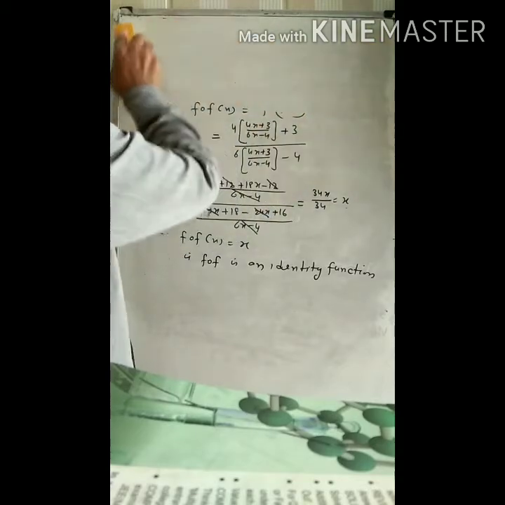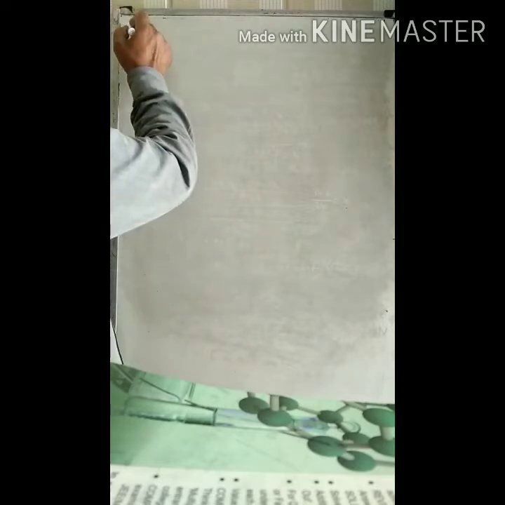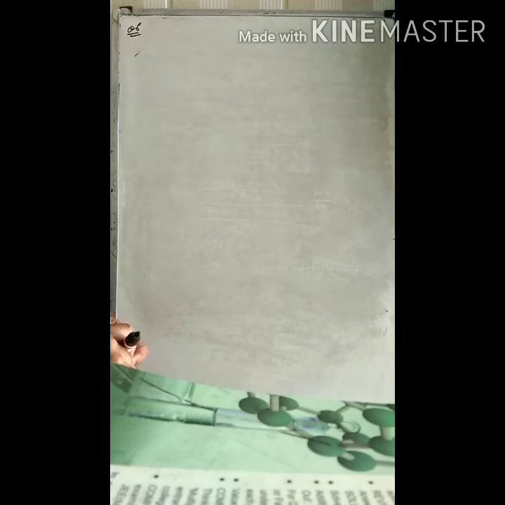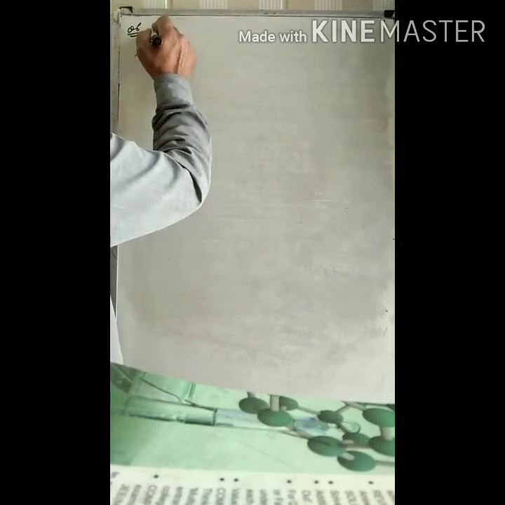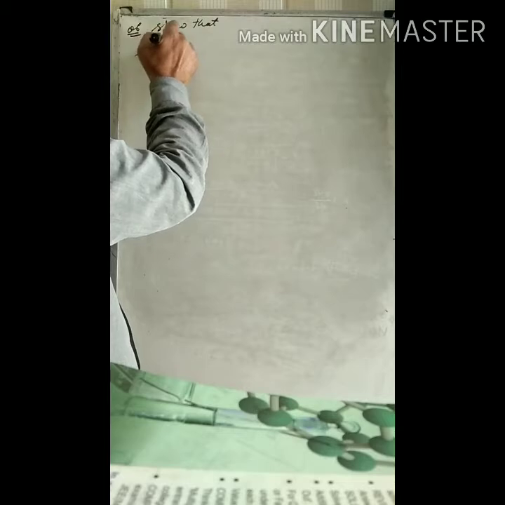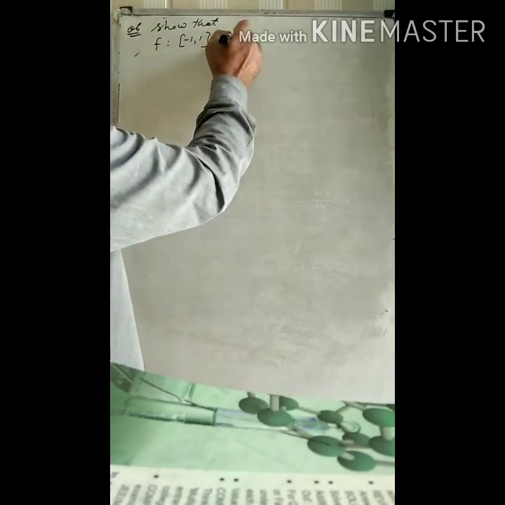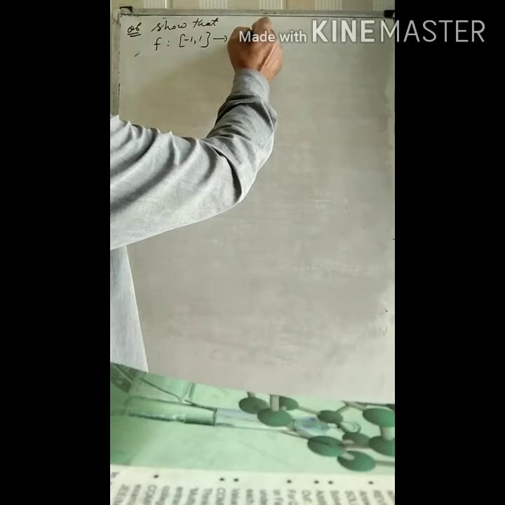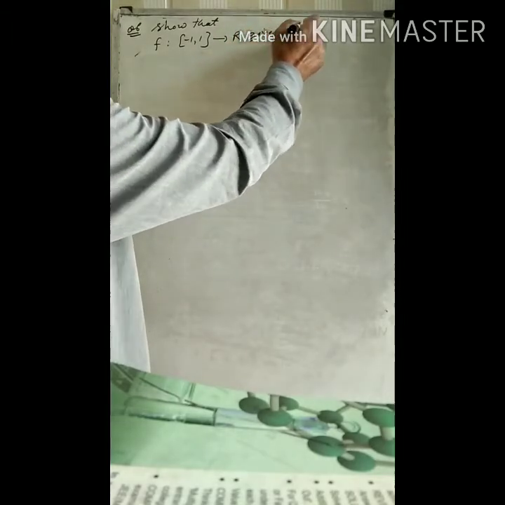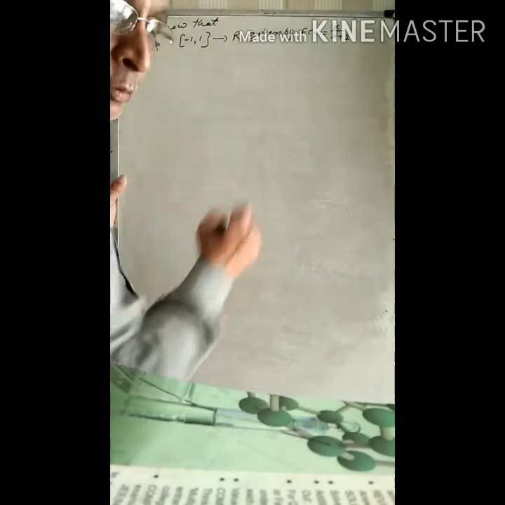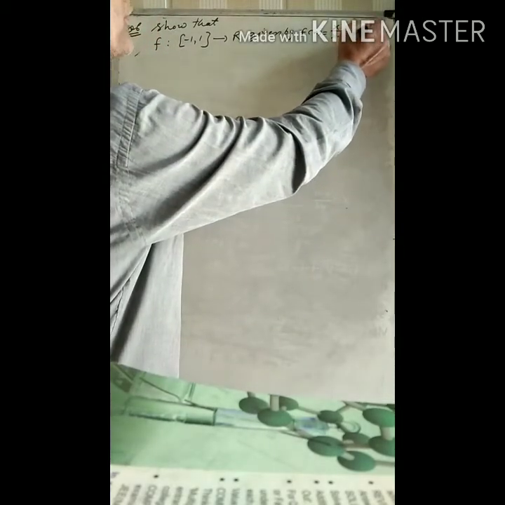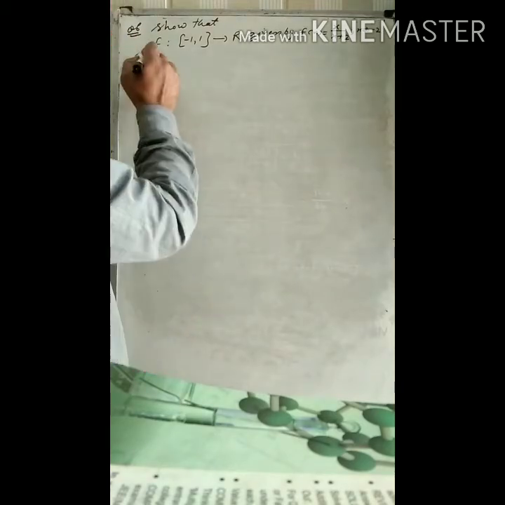और देखिए क्वेश्चंस. क्वेश्चन नंबर 6. So that f is from minus 1 to r, given by f(x) is equal to x upon x plus 2, such that x is not equal to minus 2, is 1-1.